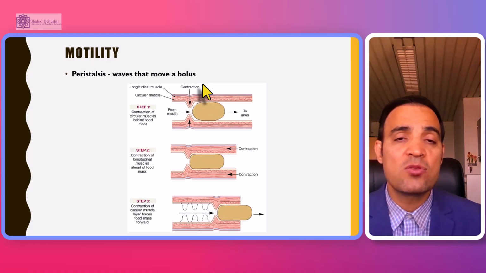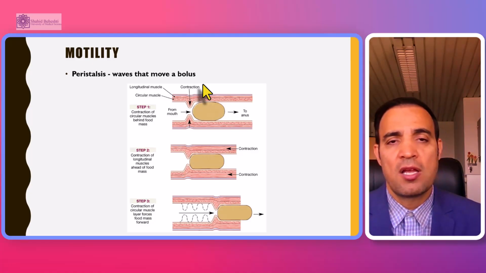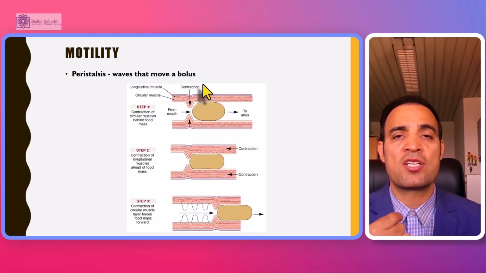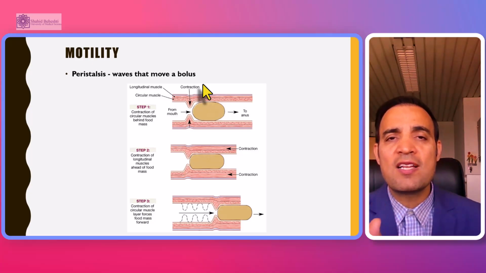And as you see in this schematic figure, in each step, the bolus of food that we have ingested moves one step forward.